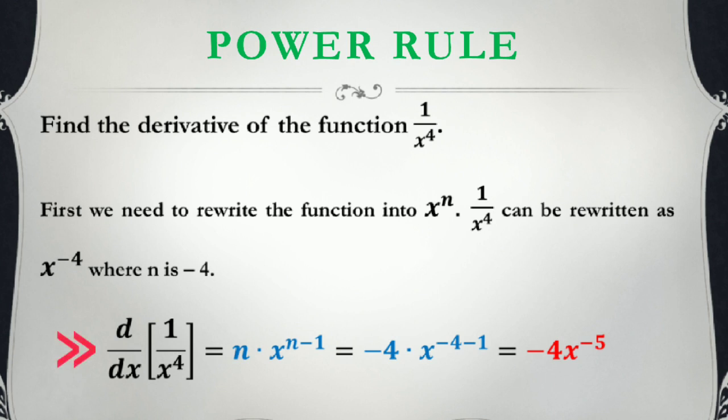So the derivative of 1 over x to the power of 4 using the formula of the power rule, we will have negative 4 times x to the power of negative 4 minus 1. And we will have negative 4x to the power of negative 5 as our answer.